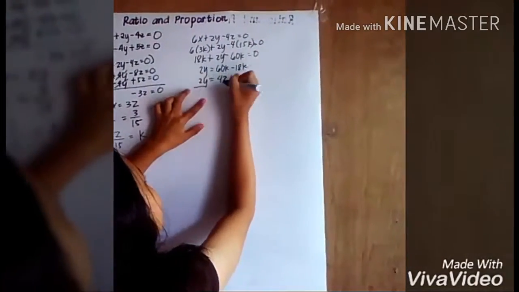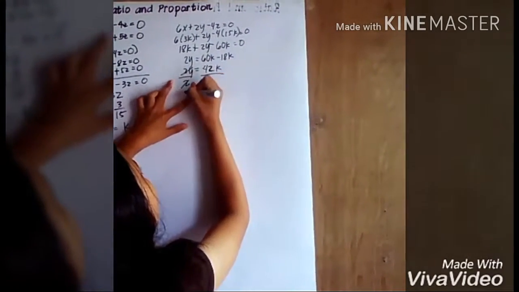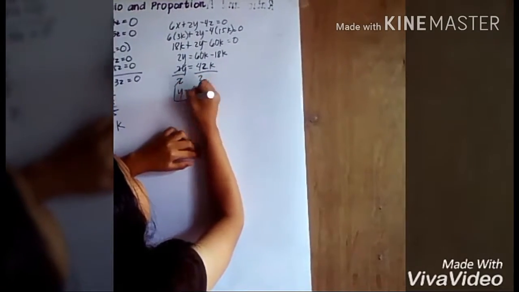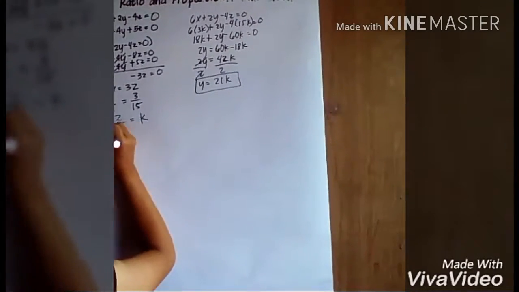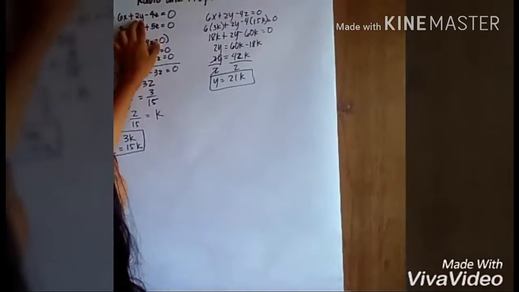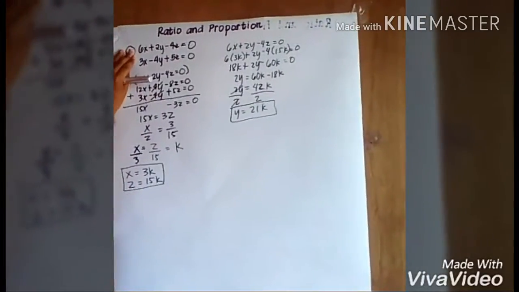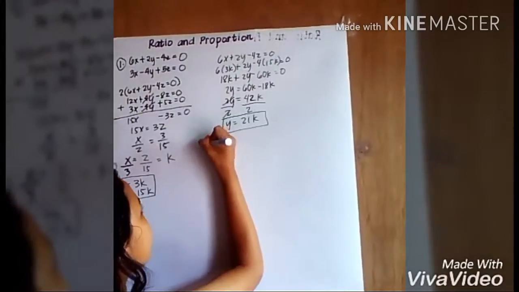So you cancel. So y is equal to 21k. So you already find x, y, and z. So to check it, you simply substitute to the first and second equation. So check.